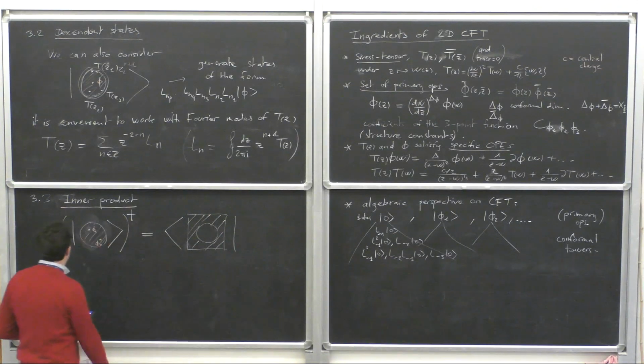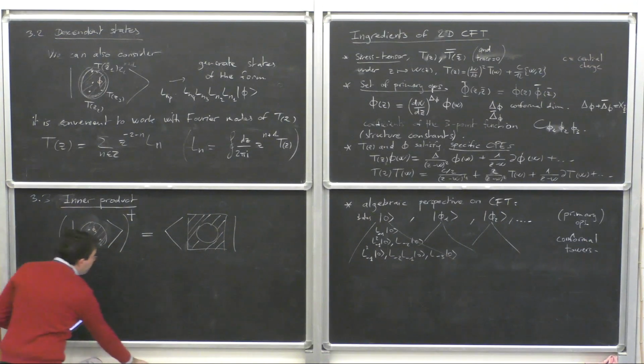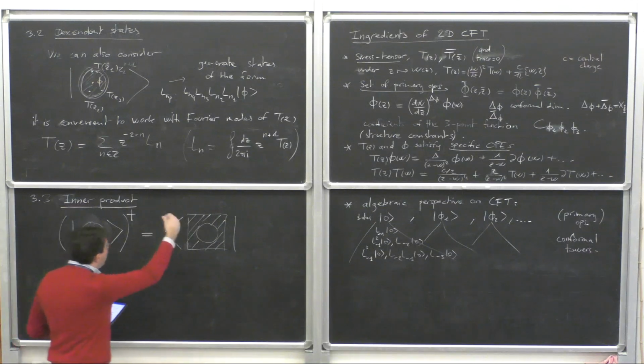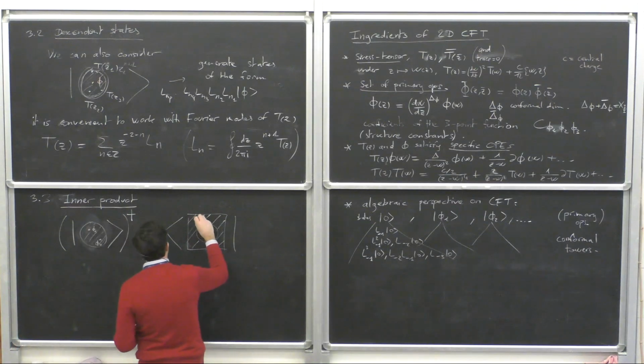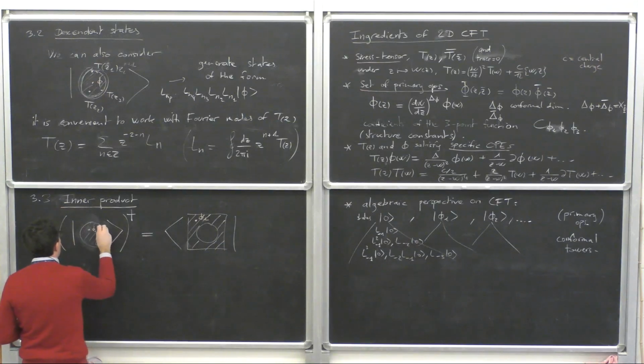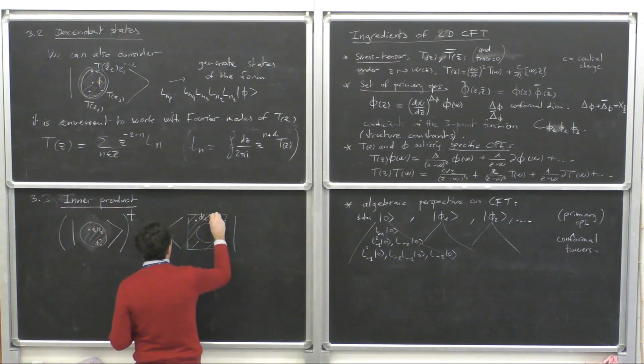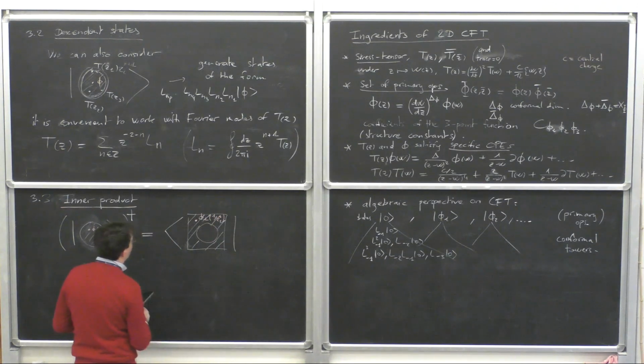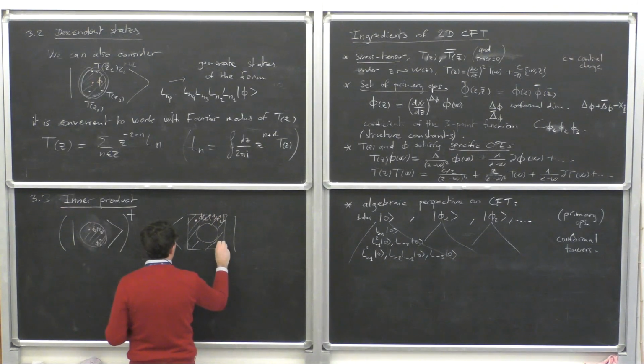Like this, and the positions of the points, we want to take them at the mirror images across the disk. So if this is phi1 of z1, this is going to be at phi1 of 1 over z1 complex conjugate. And this phi2 is going to show up here, phi2 of 1 over z2 complex conjugate.